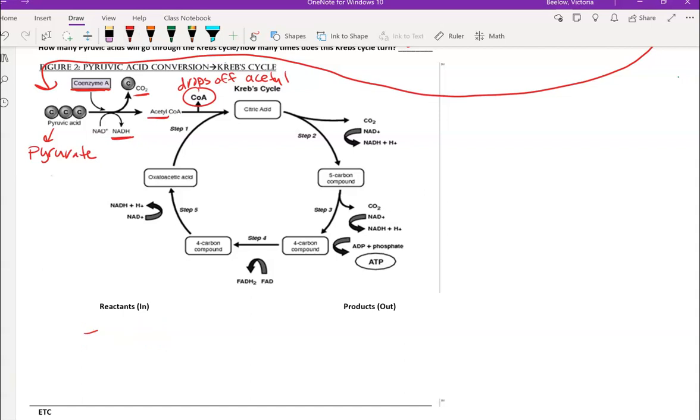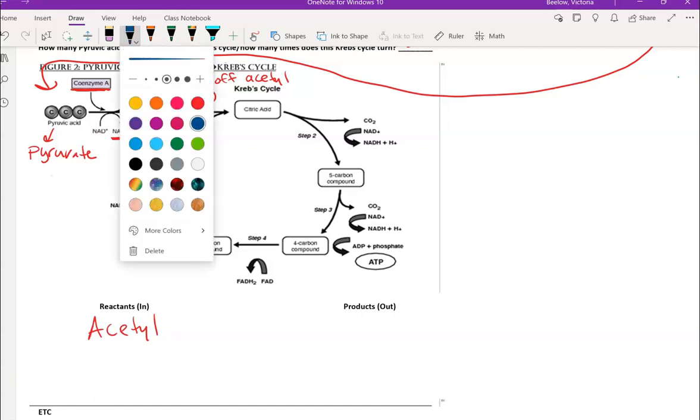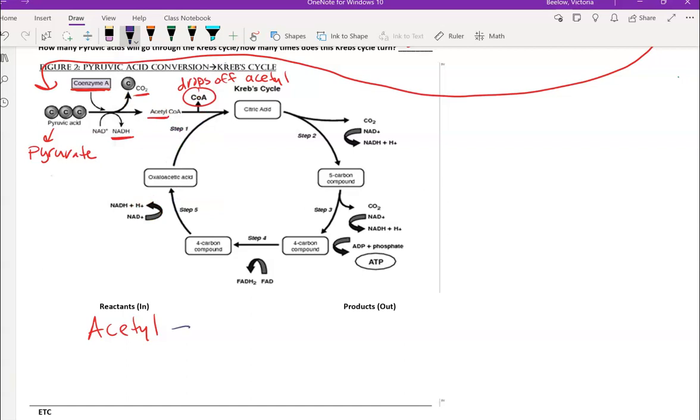So we have our acetyl that's going in. Okay, and we're going to do a little, again, baby step here. It's going to combine with the oxaloacetic acid, and that's going to make citric acid.